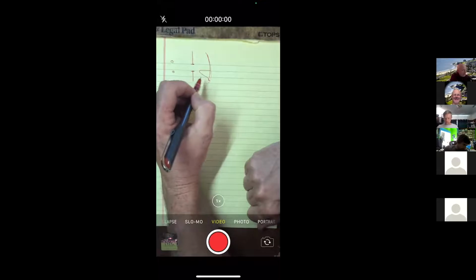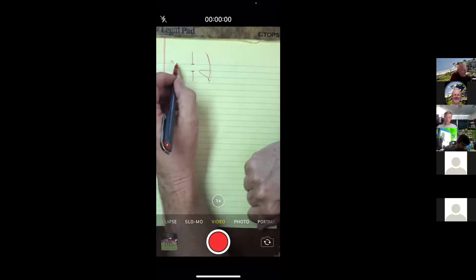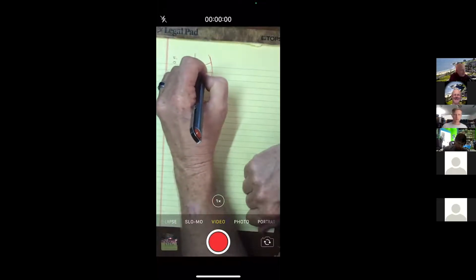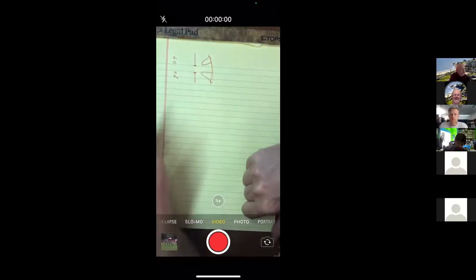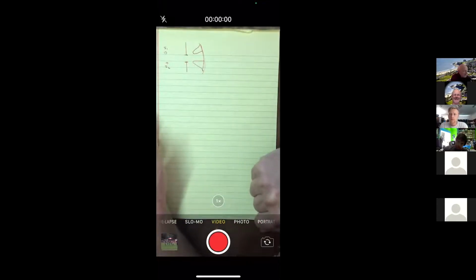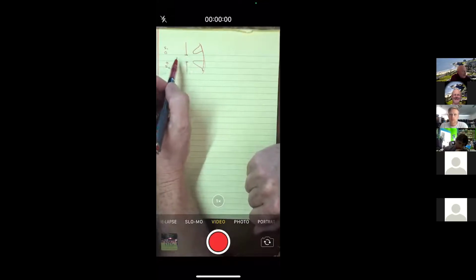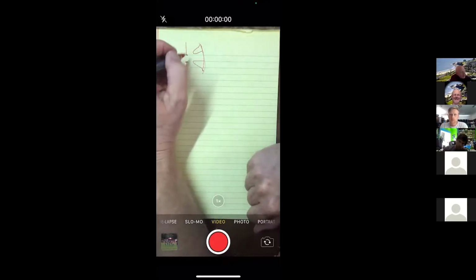And so I'll have a pattern from source number 1 and a pattern from source number 2.